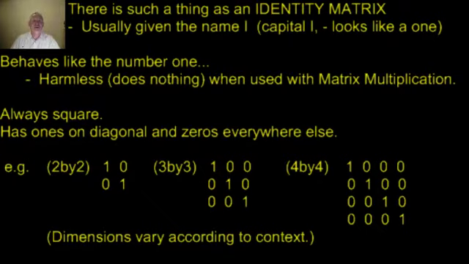Well, it just so happens that if you were to play around with trying to multiply matrices using one of these identity matrices, you'll soon see that you'll end up with a matrix which is exactly the same as the matrix that you started with, and so therefore it behaves like the number 1. Again, the dimensions for an identity matrix vary according to the context of how you're trying to use it. So it depends on the size of the matrix that you're trying to work with as to the size of the identity matrix that you're going to need.